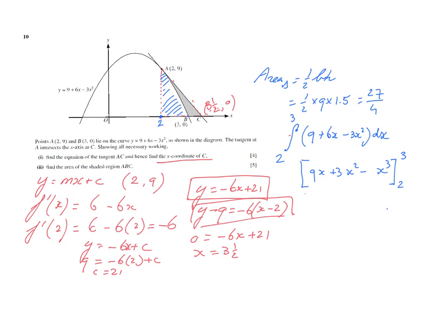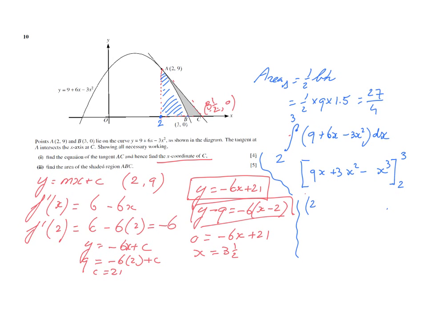So first I'm going to substitute 3 inside my integral, and then take away, I'm going to substitute 2. So let's do that. If I substitute 3, 9 times 3, I'll just put some brackets there, and I'll put a line here. Sorry for the mess, guys.